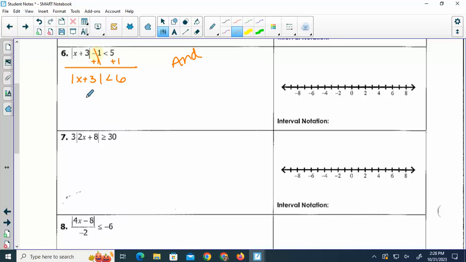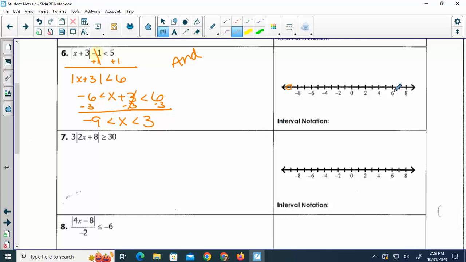No, it's okay. The next step. Yeah, except we don't need the equal to's because the original problem didn't have equal to's. So we say -6 less than x plus 3 is less than 6. So we just put it in between the negative and the positive. Subtract the 3 from all of them. So -9 less than x is less than 3.